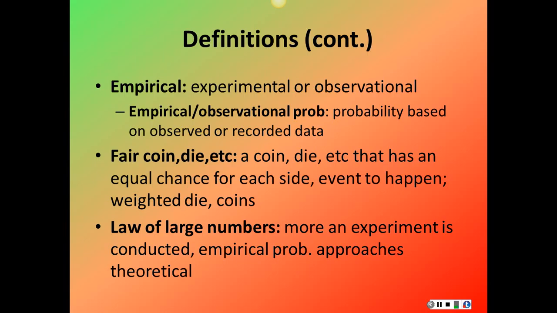So again, in the example of flipping a coin, if you flip a coin 10 times, more than likely 5 of those flips won't be heads and 5 won't be tails. But if I were to flip it 10,000 times, then the overall empirical probability of heads and tails should be close to 50%.